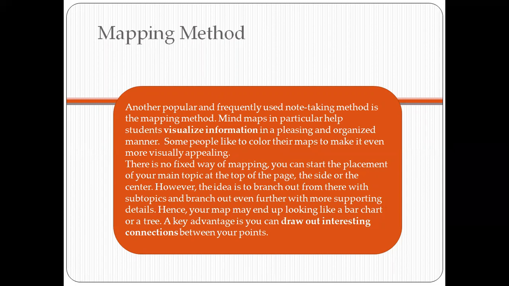However, the idea is to branch out from there with subtopics and branch out even further with more supporting details. Hence, your map may end up looking like a bar chart or tree. And a key advantage here, you can draw out interesting connections between your points.